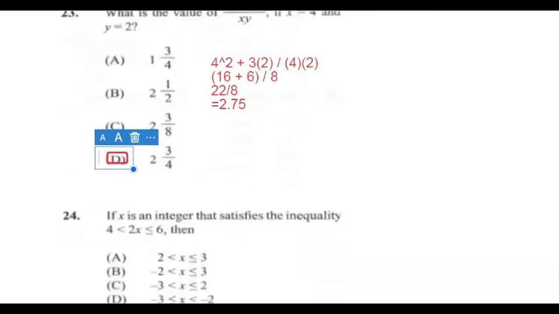24, if x is an integer that satisfies the inequality 2x is greater than 4, while 2x is less than or equal to 6. So what we know is that a negative answer definitely cannot be the value for x, as if we should say 2 times -2, it will give us -4. -4 is definitely not greater than 4.